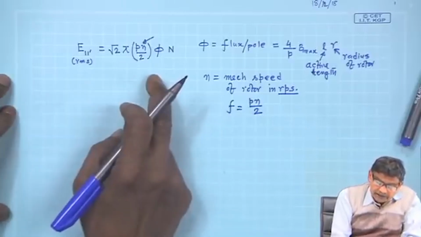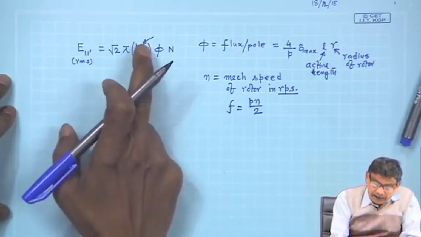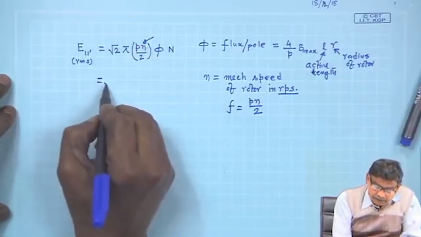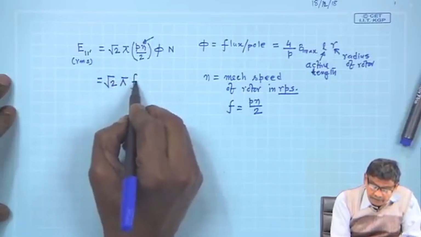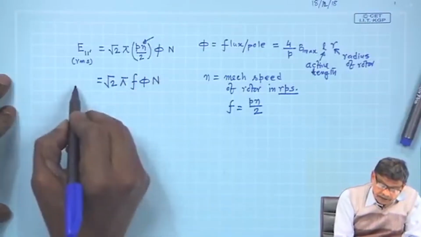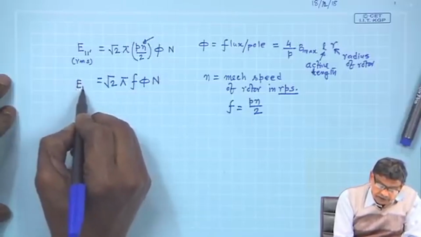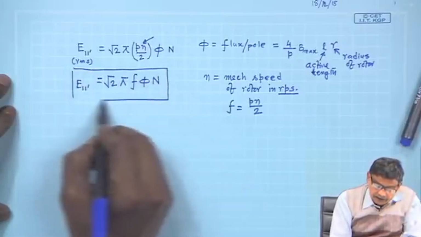So, for a generator the input should be the speed. Speed appears here, but we will write it like this: root 2 pi f phi into N. So, that is the RMS voltage induced in a particular coil.